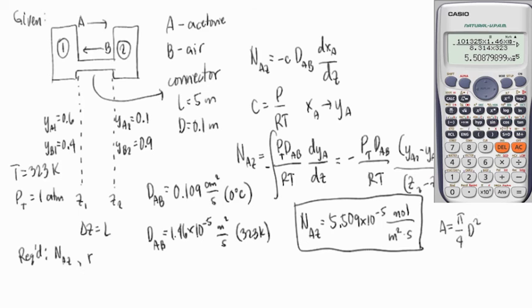We know the diameter of the pipe to be 0.1 meters, so we can simply solve for the rate RAZ as the molar flux NAZ, 5.509 times 10 raised to negative 5 moles per square meter per second, multiplied by pi over 4 times diameter squared, 0.1 squared. Our rate of transfer is now 4.33 times 10 raised to negative 7 moles per second.